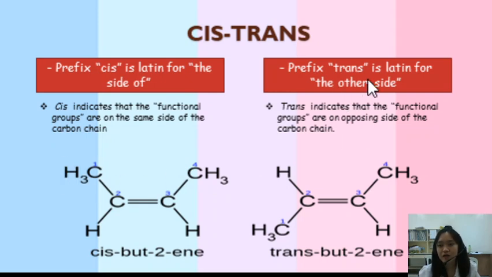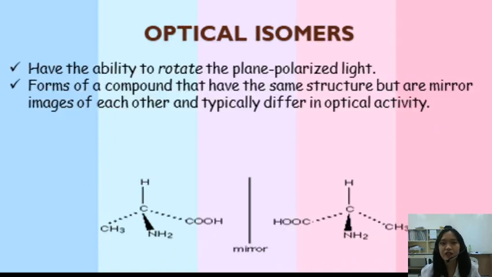On the other hand, you have prefix trans in Latin. It means on the other side. So trans indicates that the functional groups are on opposing sides of the carbon chain. So magkaharap sila, opposing sides. So parang nag-criss-cross.